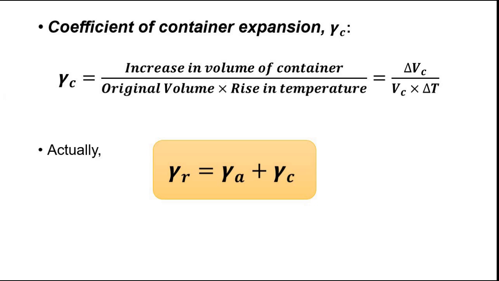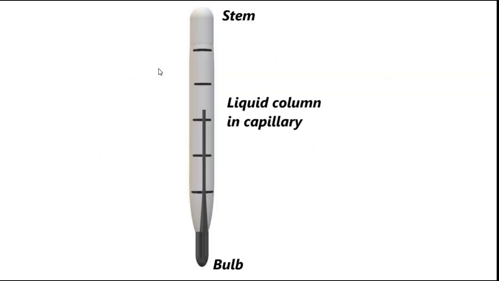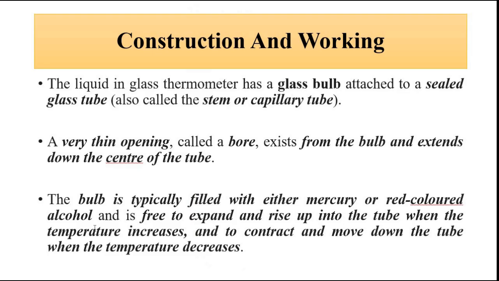So here the general design of this liquid in glass thermometer is something like this. We have a bulb in which the sensing liquid is used. Most commonly, mercury is used, and sometimes red colored alcohol is also used as the sensing liquid.